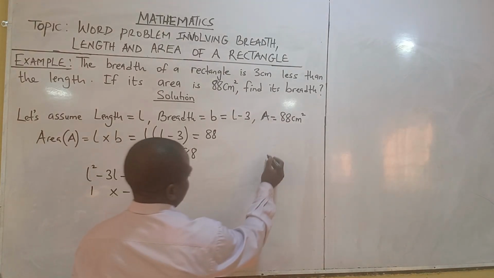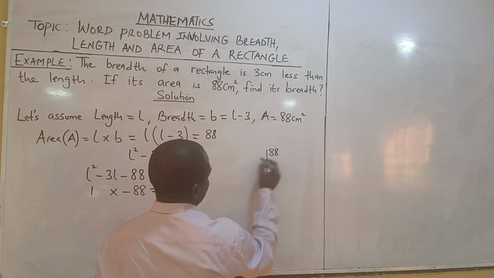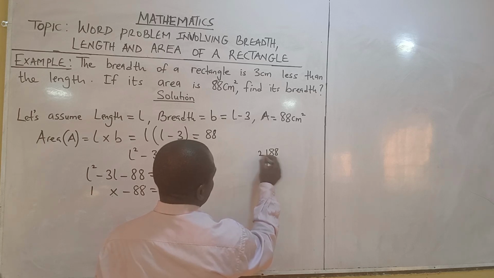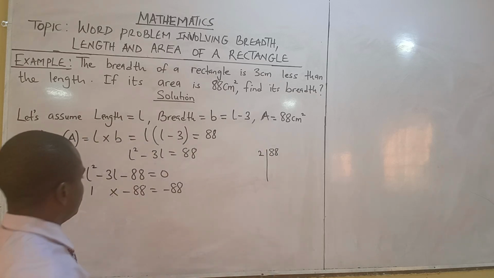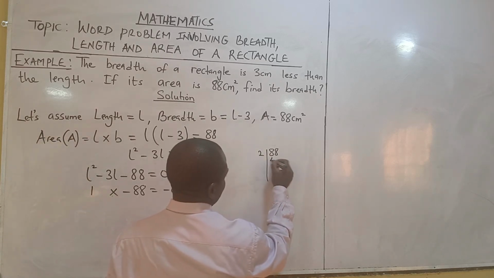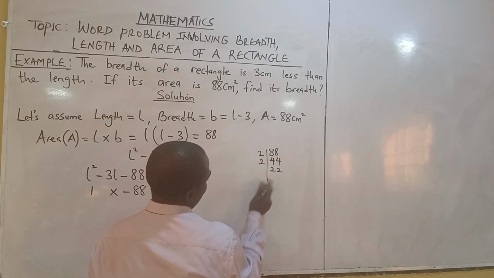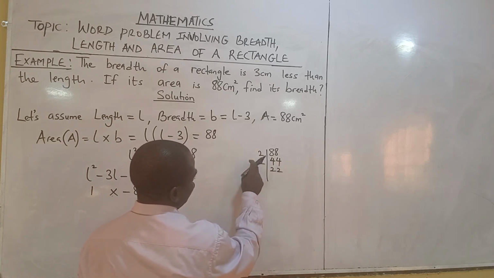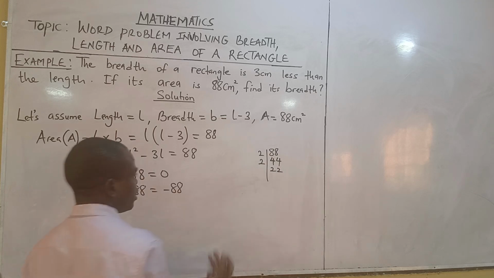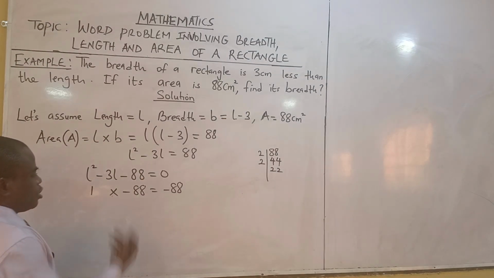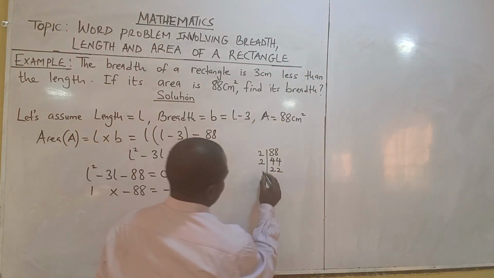Okay, let's start. You have 88 here. Let's start with 2. 2 into 88 is 44. 2 again, 22. You combine these two together, 4 times 22 will give you 88. But when you add them together, it will not give you minus 3.